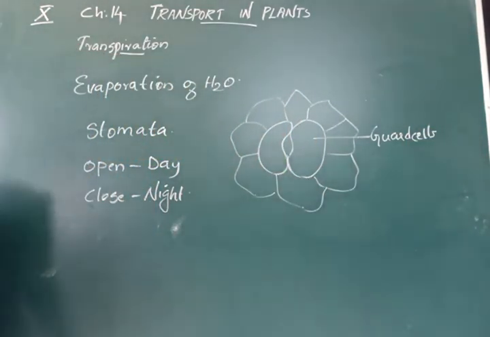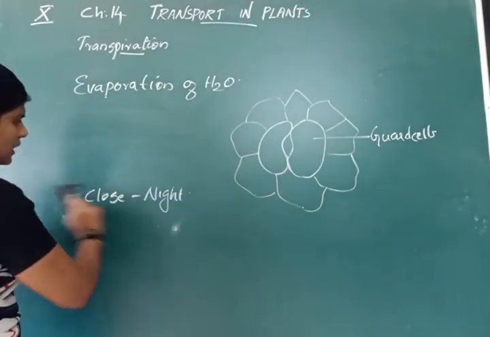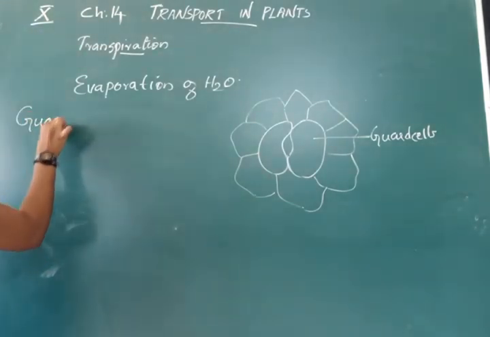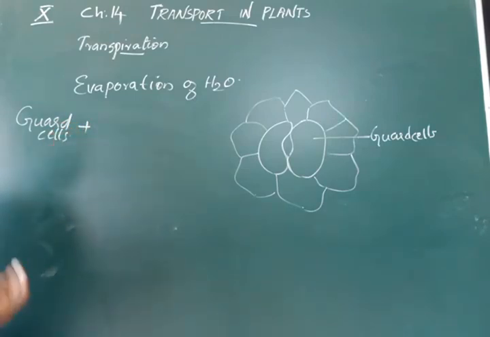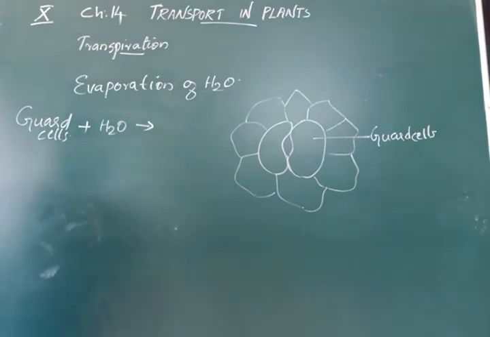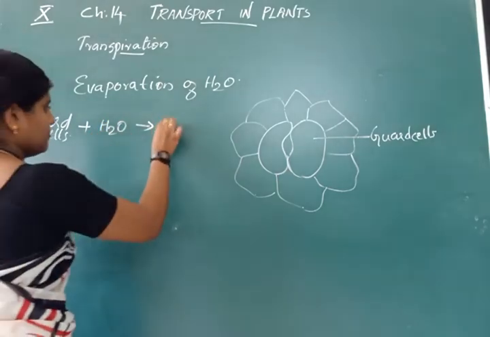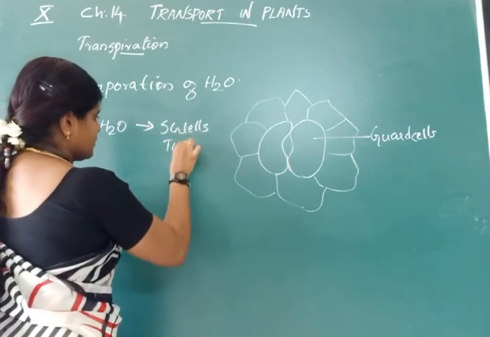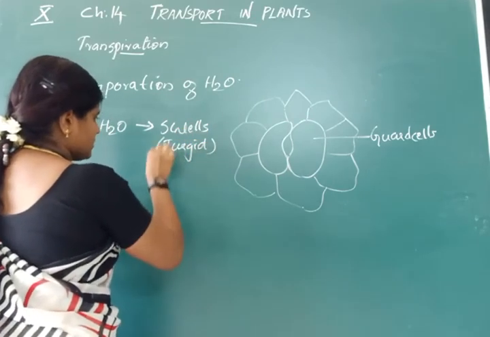When the guard cell absorbs water, it swells and becomes turgid.